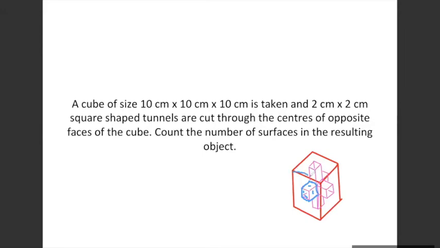For example, this is one face. This one face of the cube is there. There is this block of 4 surfaces getting attached to this face. Likewise, there will be this 4 surfaces getting attached to this larger face of the cube. Agreed?